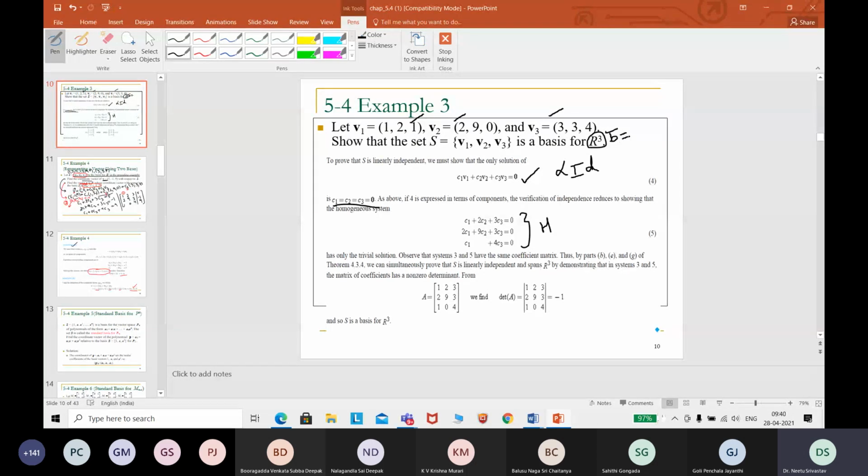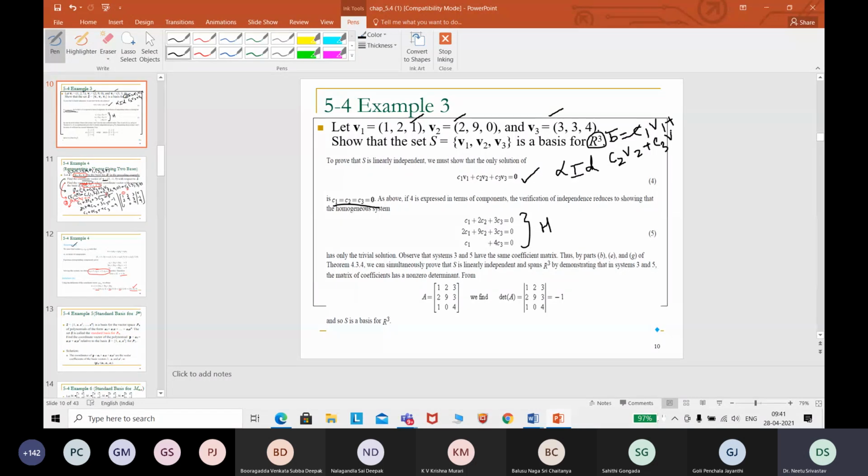Then B is written as C1 V1 plus C2 V2 plus C3 V3. These are the conditions.